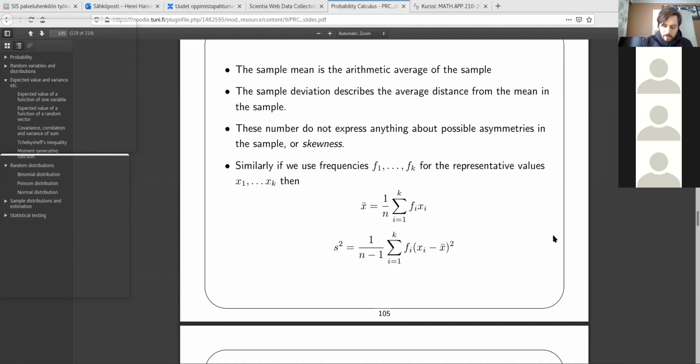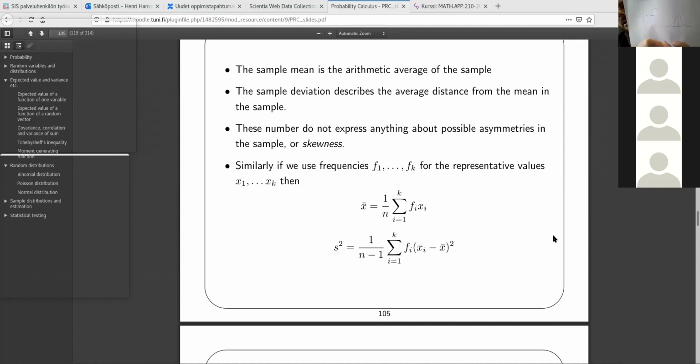So if we have a distribution that looks something like this, here is the sample mean, or here's the expected value. We cannot capture the idea that there is skewness, so that there's a sharp decline on this side and a longer tail on this side.